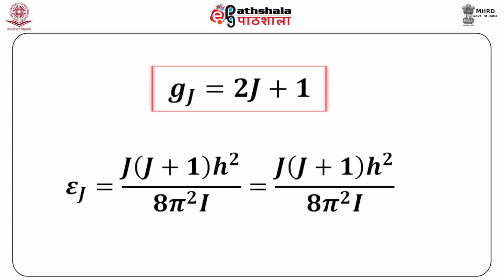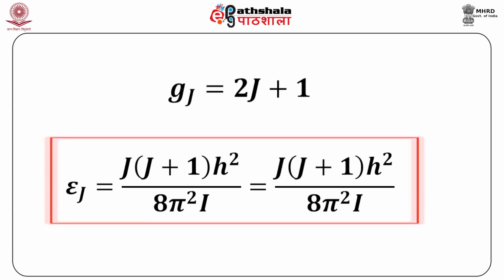So, this g_j is the corresponding degeneracy of the rotational energy level, and epsilon_j refers to the rotational energy. This degeneracy g_j we have already discussed, and it is 2j plus 1, and the corresponding rotational energy levels are given by j(j+1)h squared upon 8 pi squared I.